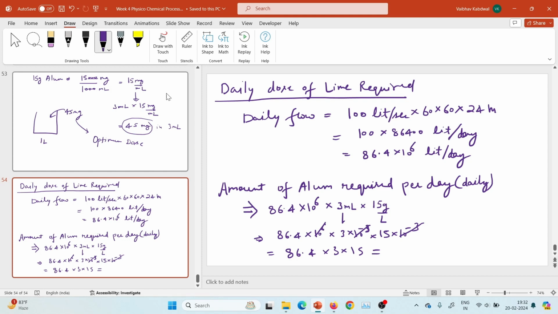Here's a mistake in calculation, so it will be 8.64 here also we need to change.